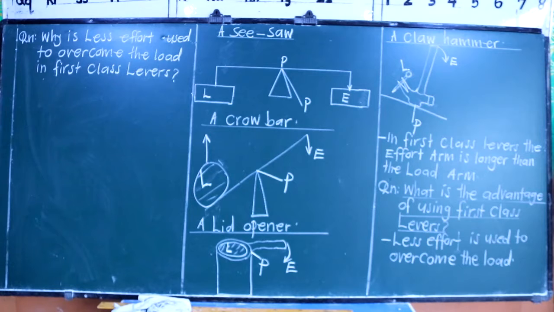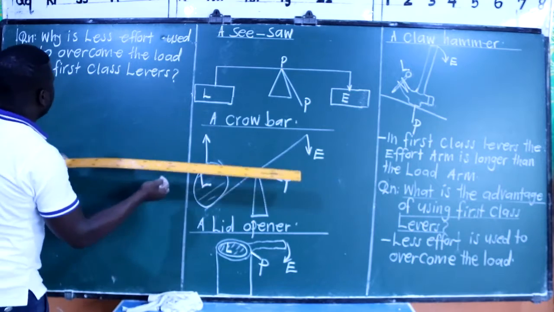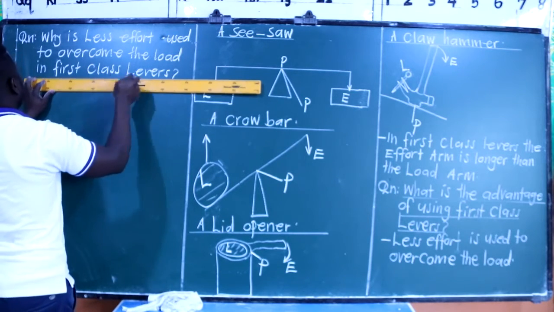It is simply because the effort arm is longer than the load arm.